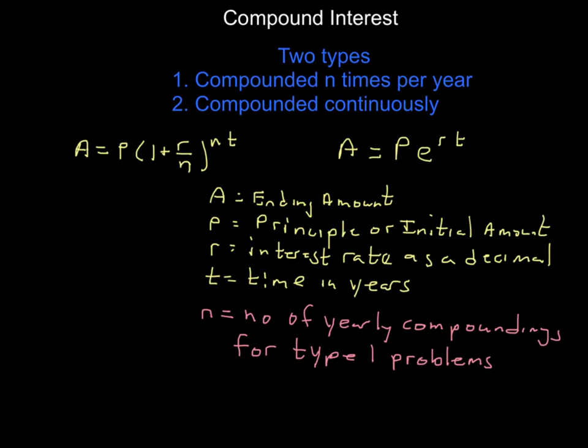Now, n, the number of yearly compoundings, is only going to be used for the first type, when we're told how many times. You will be told you have an account that's paying 2% interest compounded monthly or compounded semi-annually. Then that's how we know that we're going to be using a value for n, and we use this first type of compound interest problem.